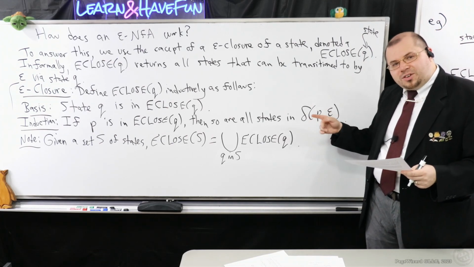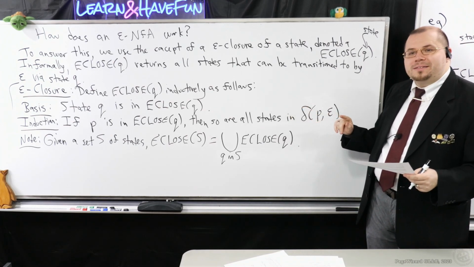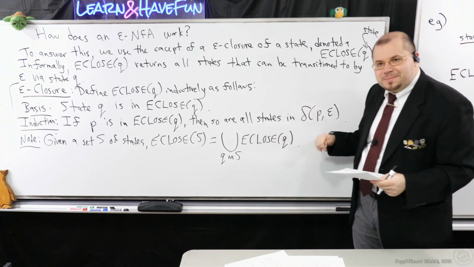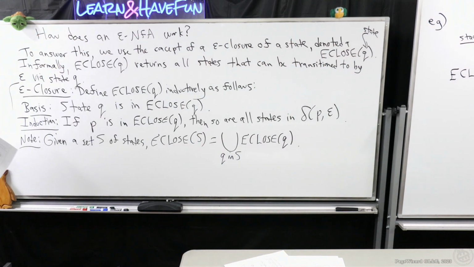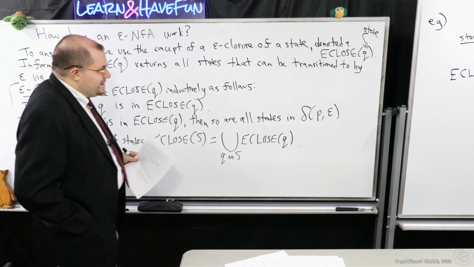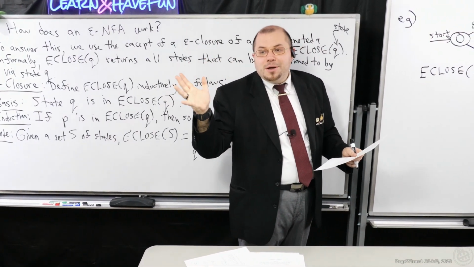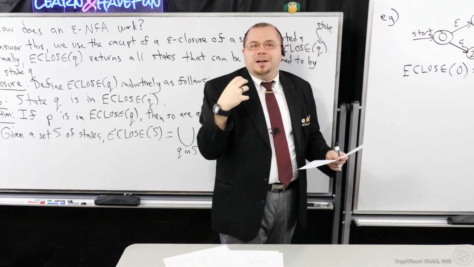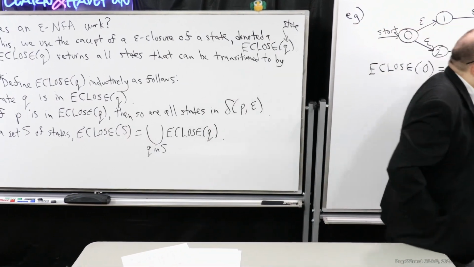And those states also, if they are a part of this, then so are those ones on transitions with epsilon. So you're going to see quite quickly that every time you do this, it's essentially a process where I'm just going to keep accumulating all of those epsilon transitions from each state I discover.